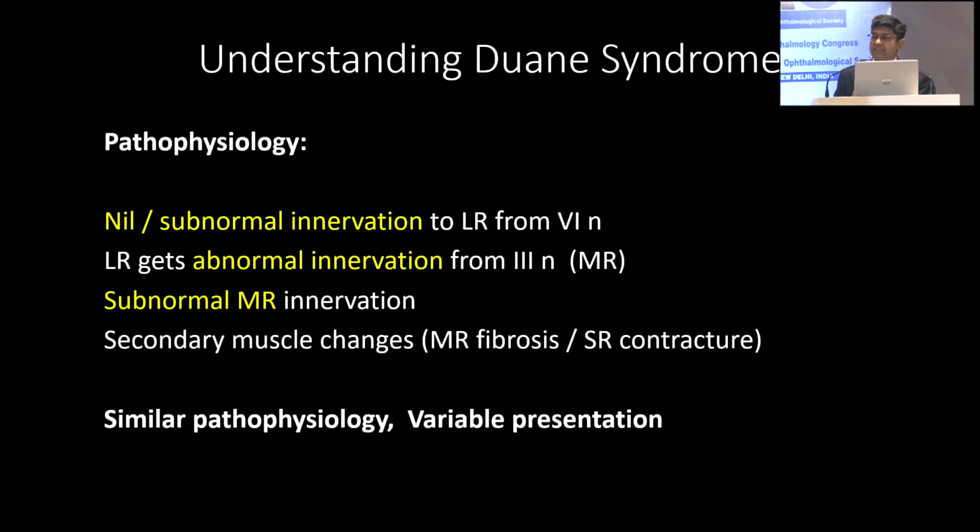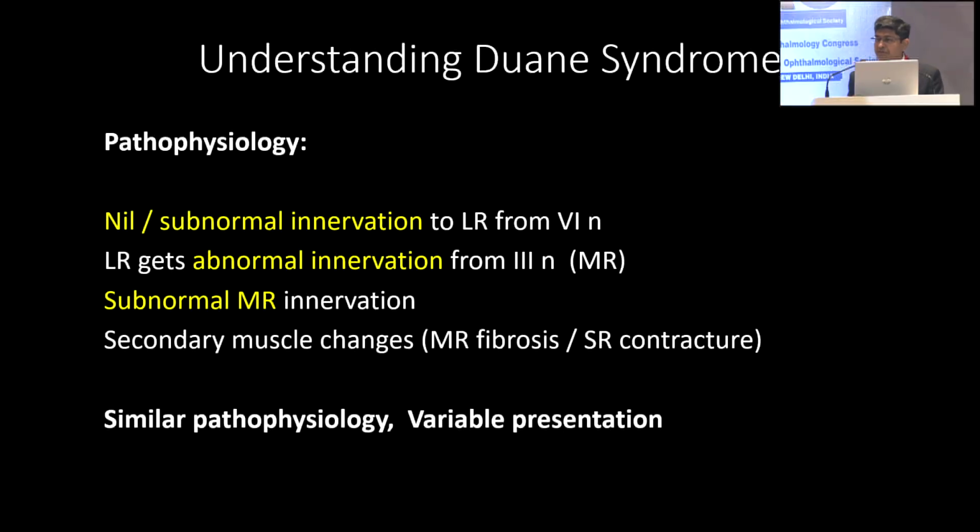The reason why this is happening is our understanding of the fact that subnormal MR innervation to a muscle fiber results in the fibrosis of that muscle fiber. So the muscle fibers or the myofibrils that are not getting innervation because of those nerves being transferred to the lateral rectus will eventually result in fibrotic changes in those muscles, and that is why we will keep seeing a bit of a tightness of abduction or a force duction test being positive for almost all patients or all grades of Duane's.